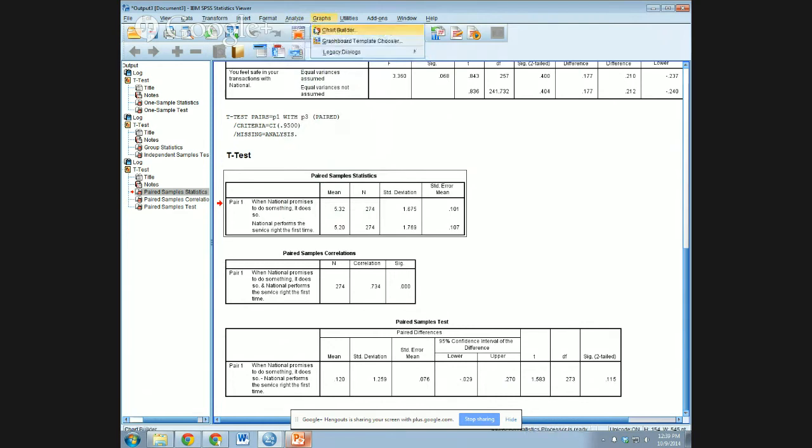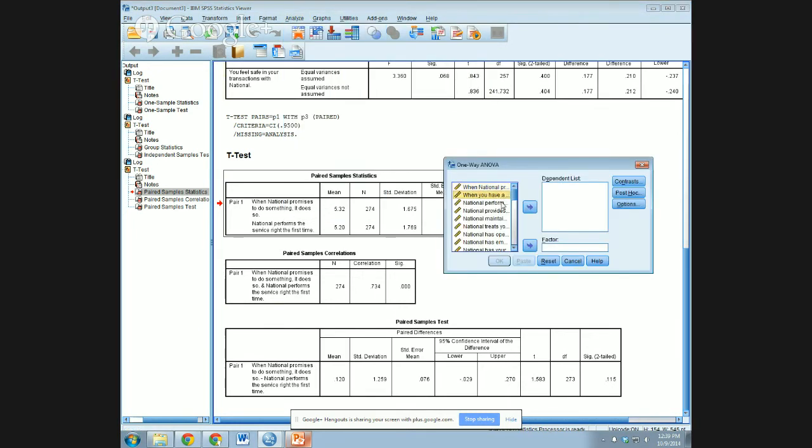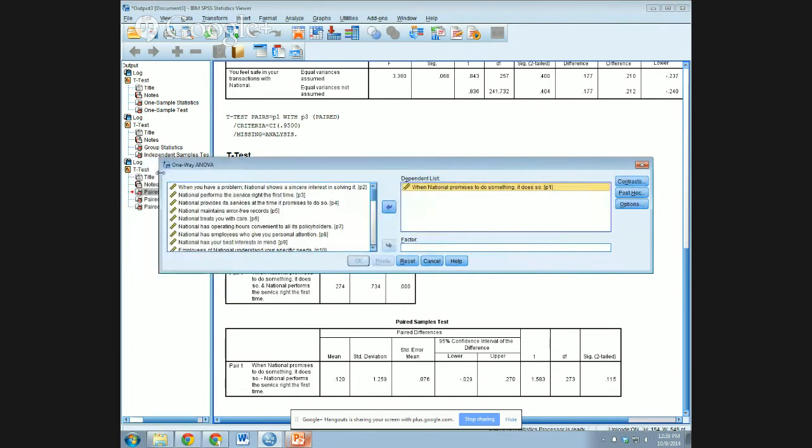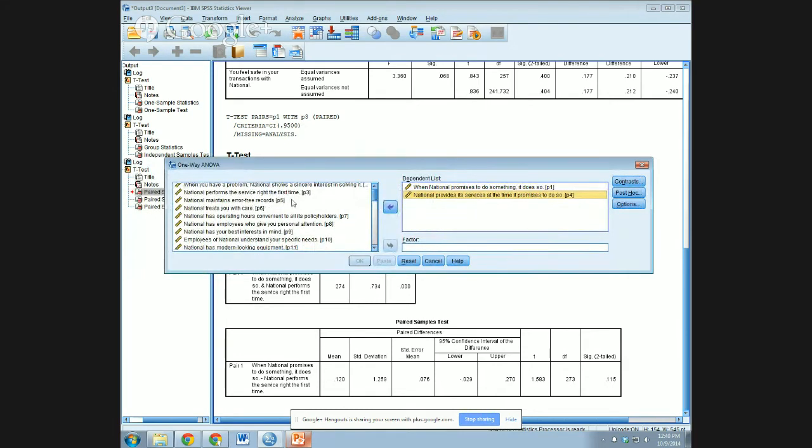Now, what happens if I add a third in? I mentioned that we typically use ANOVA. Just to show you, I'll do a one-way ANOVA between the two variables, promises to do so, and now let's add one more in, that not only do they promise to do so, they do it right the first time.